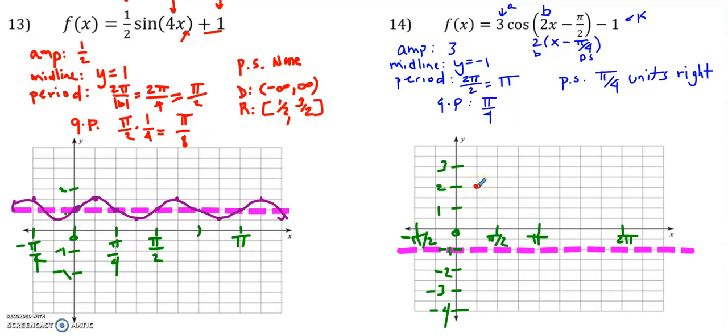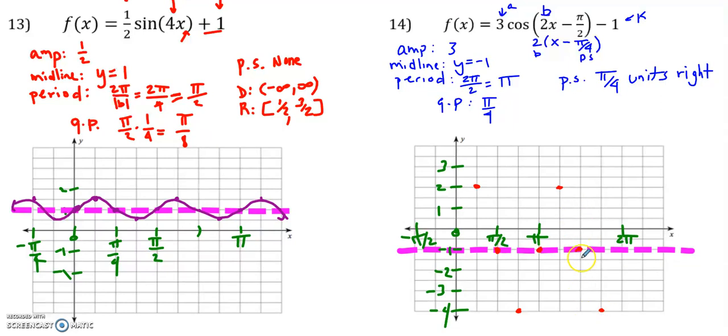So I'm up here, and let me go back down 1, 2, 3. So I'm going to be back on the midline. You're always going off the midline, on the midline. So next tick mark, 1, 2, 3. Next tick mark, up here. Next tick mark, 1, 2, 3, back down, 1, 2, 3.